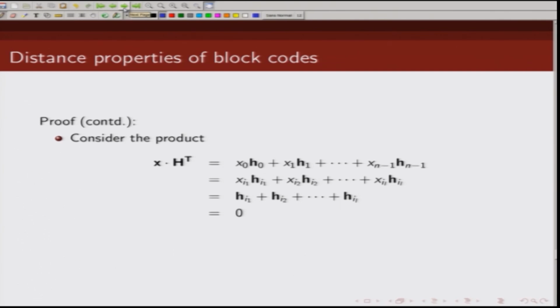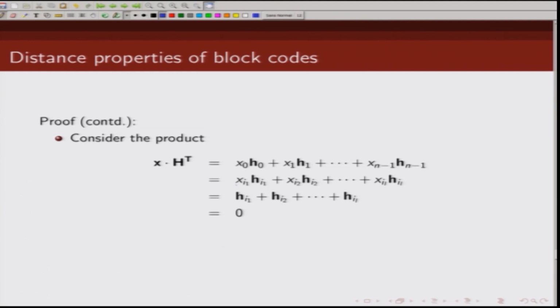So, what is xH transpose? It is given by x0 h0 plus x1 h1 plus x2 h2 plus up to xn-1 hn-1. Now, since we know that L elements of this n-tuple x are non-zero and they are given by xi1, xi2, xi3, up to xiL, we can write this as xi1 hi1 plus xi2 hi2 up to xiL hiL.